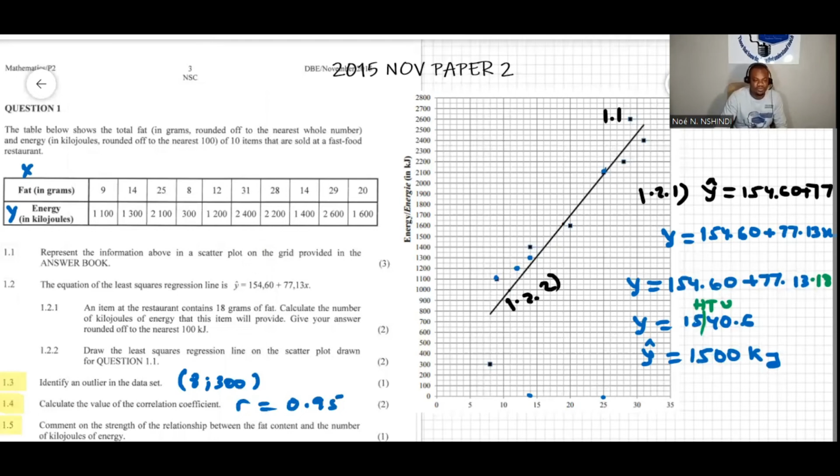Now we can also do question 1.5. The question says comment on the strength of the relationship between the fat content and the number of kilojoules of energy. Obviously, because you have a positive number, it's going to be a positive relationship, but not just a simple positive. I want to say a very strong positive relationship, because here you can see the line is steeper. 0.95 is much closer to 1.